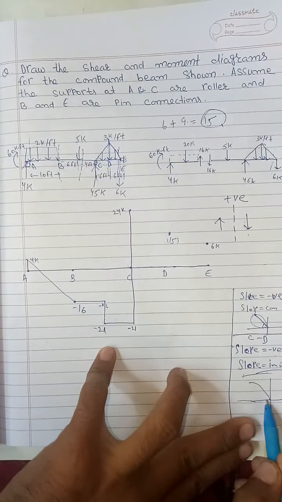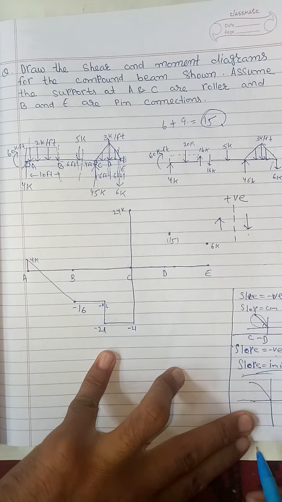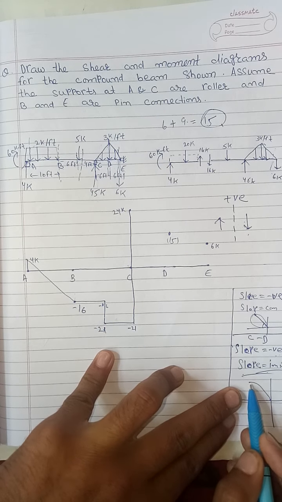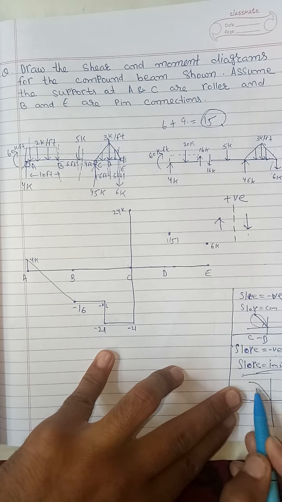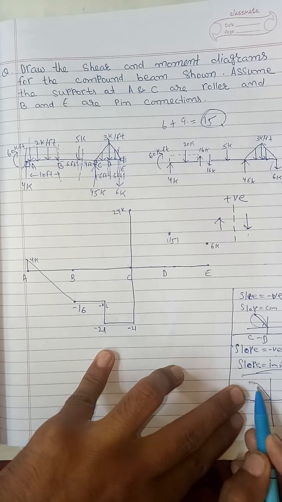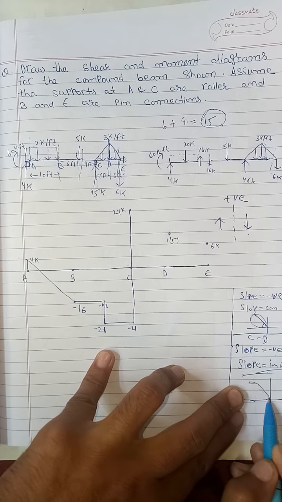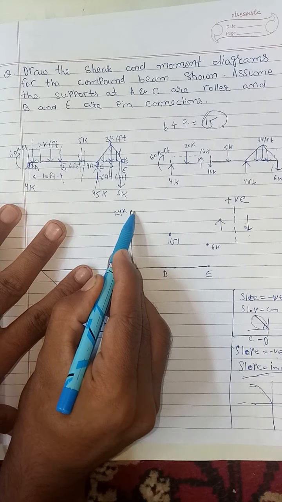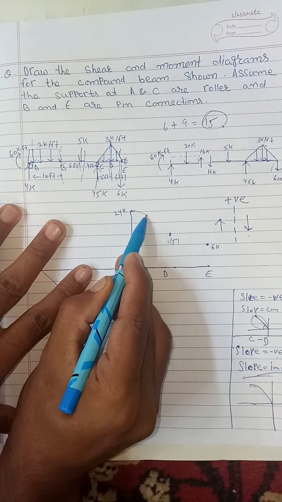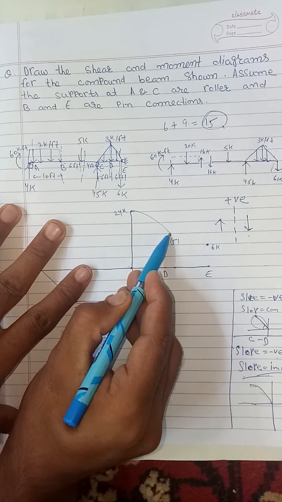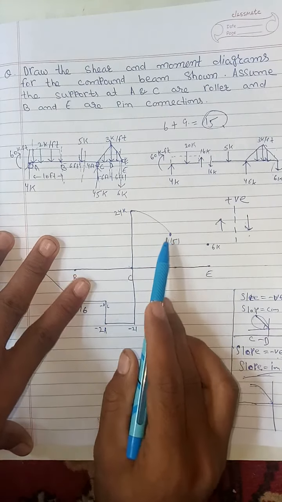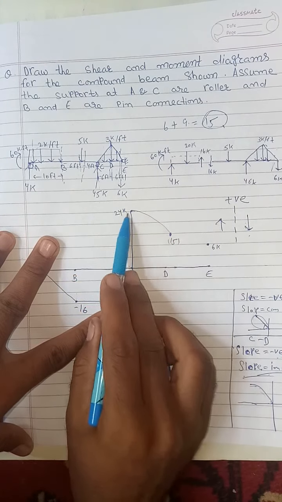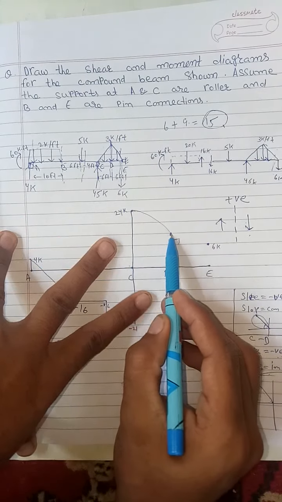So this is a line which has negative slope because it lies in the second quadrant, and slope is increasing. You can see here it is more inclined, here it is less inclined. So we will make this line which has negative slope and slope is increasing.